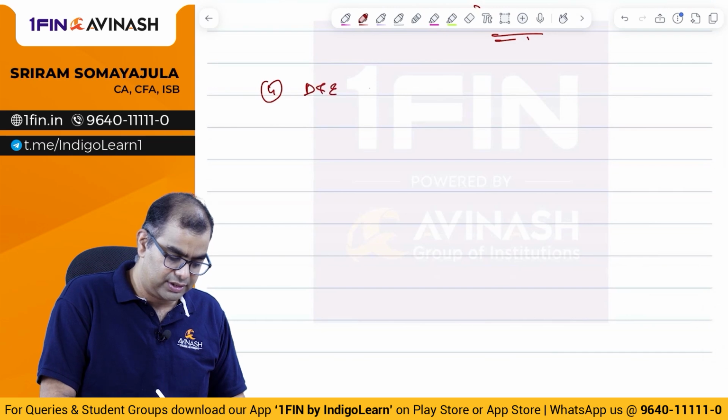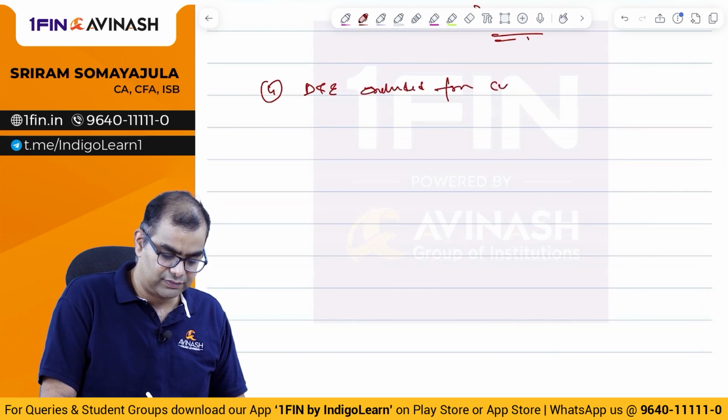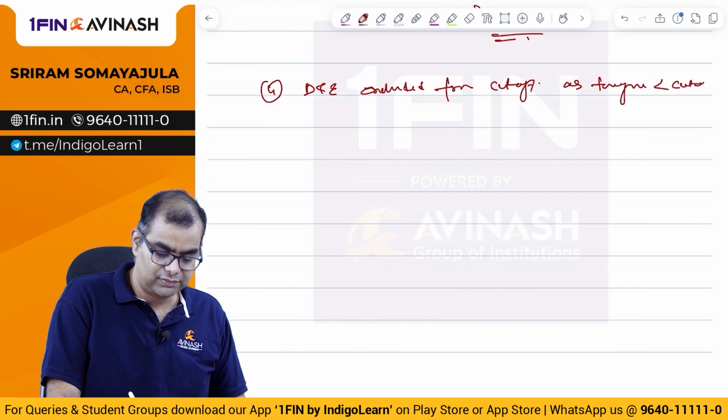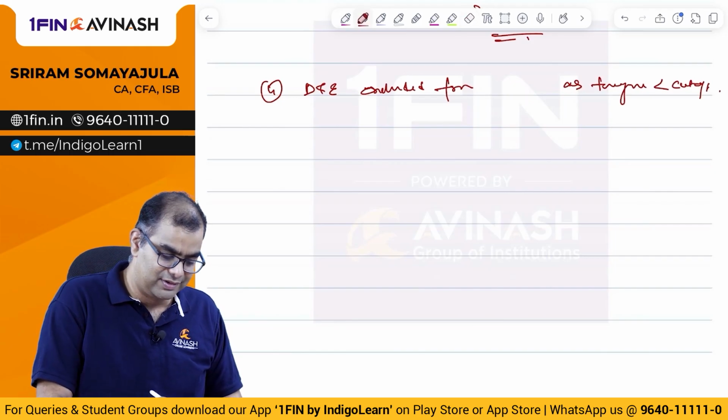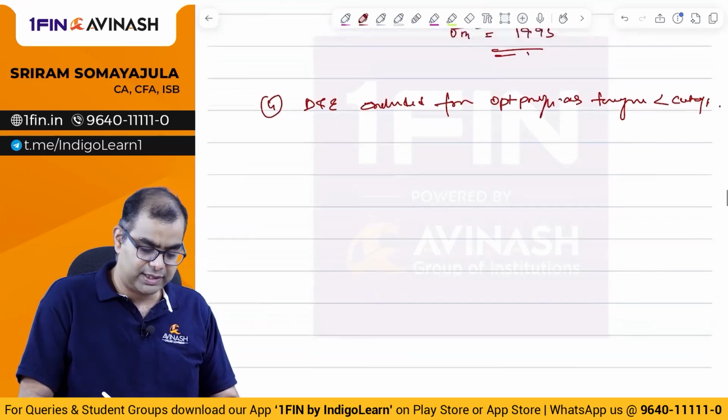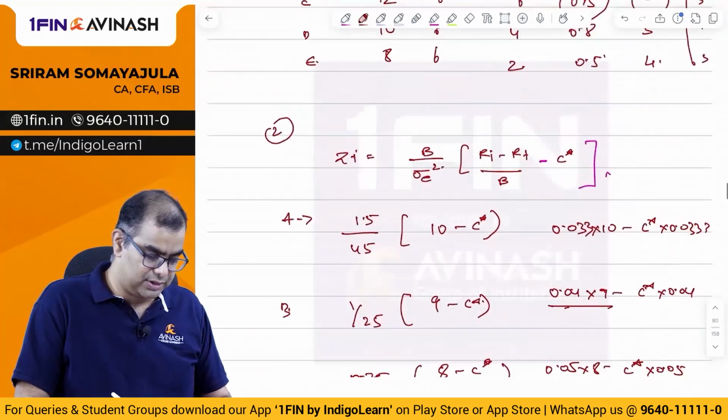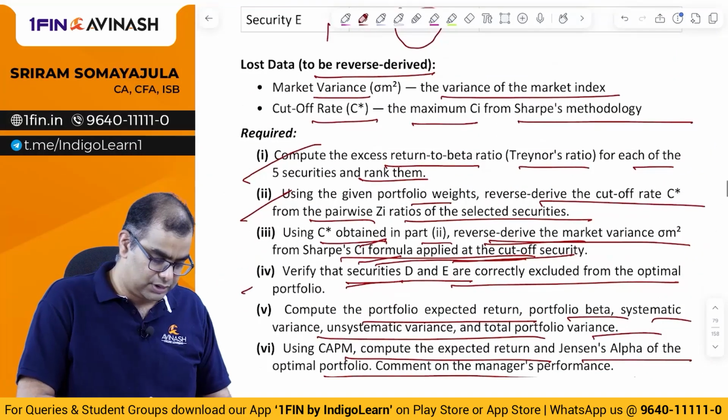D and E are excluded from the optimal portfolio as the Treynor ratio is less than the cutoff. Okay, that is simple. Then that is over.